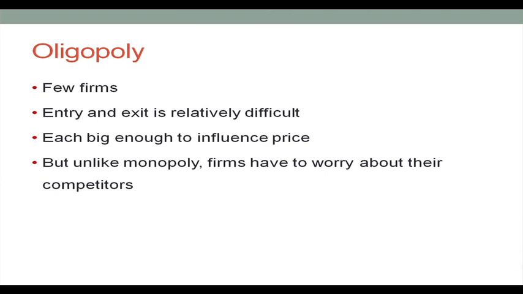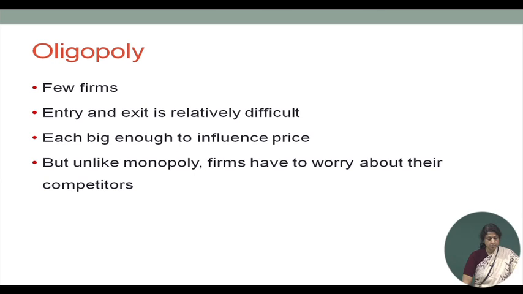So, that is probably the reason there are only a few firms in the market, and each firm is big enough to influence price. Since there are only a few firms and they are catering to the entire demand existing in the market, each of the firms is big enough to influence price.